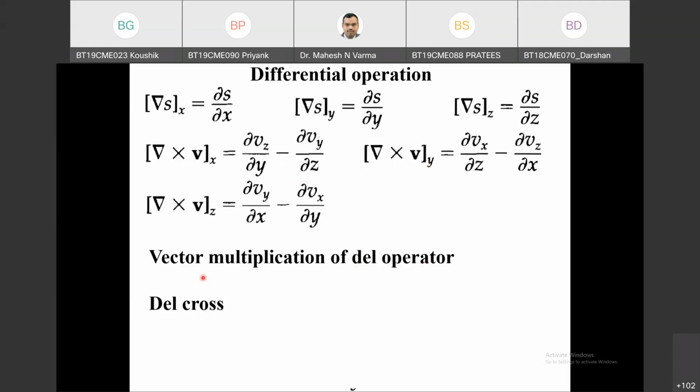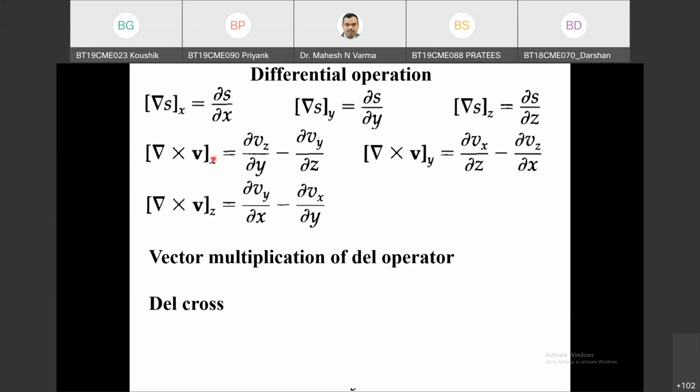Then this is called the vector multiplication of the del operator, and this is represented as a cross, del cross v. This will be cross multiplication, the cross product.